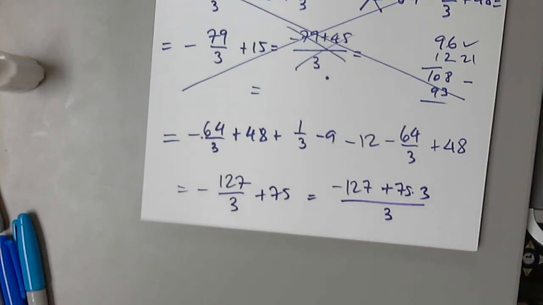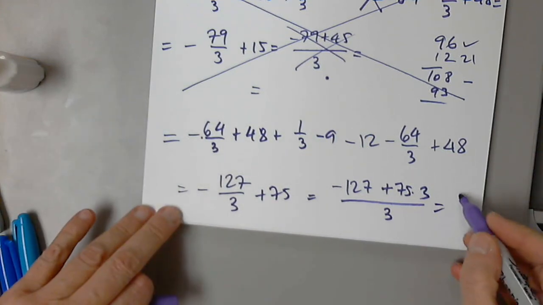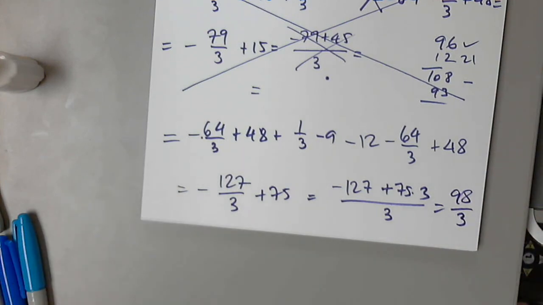And this must be a positive number. If not, you can throw me out the window. So 75 times 3. 98 over 3. It must be. This is one of the properties of the definite integral. The integral from a to b of a positive function has to be positive.